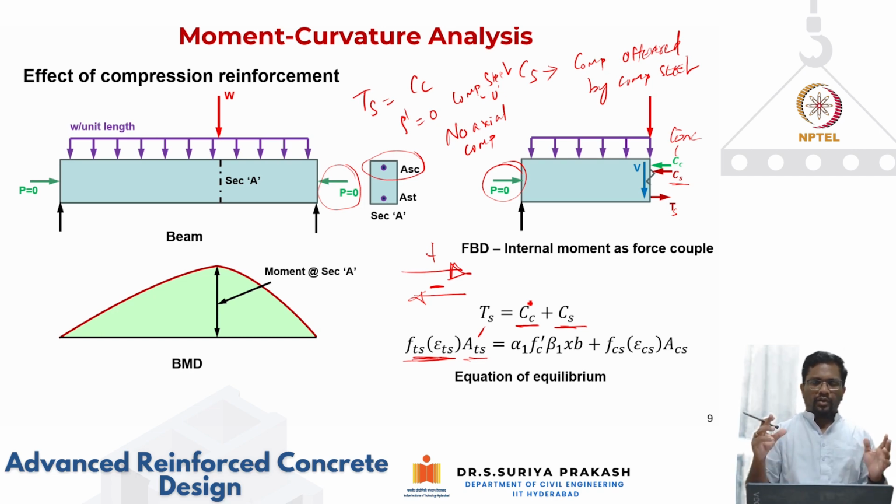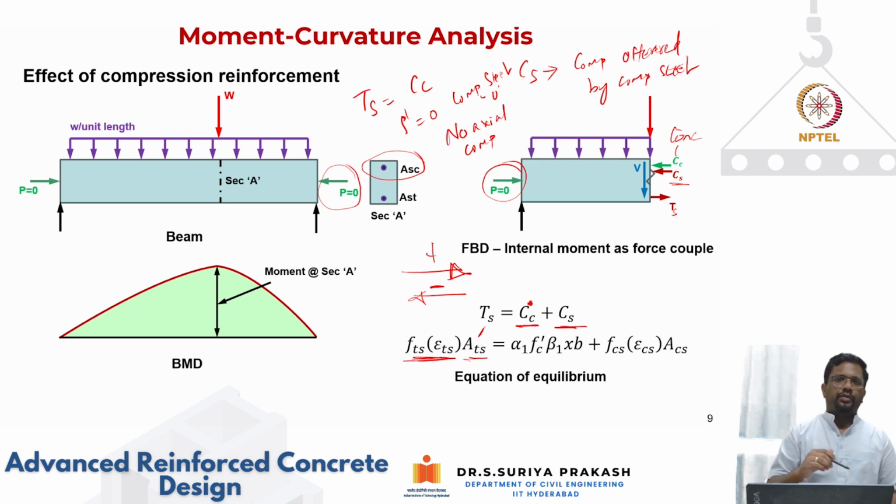We ignore the contribution of concrete in tension. However, steel is effectively good in compression and tension, provided the steel is restrained from undergoing buckling. But here steel is surrounded by concrete, so steel in compression is not going to buckle in a beam.